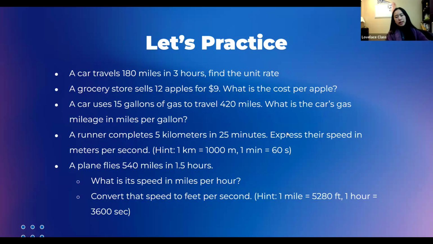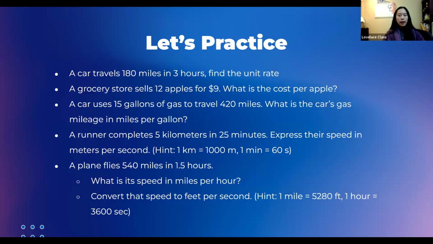The first thing we can see is that 9 and 12 share a common factor of 3. So we can do 3 over 4, that's dollars per apple. Then 3 over 4 is equal to 0.75. So that's $0.75 per apple, which is also equal to 75 cents. So both answers are acceptable.